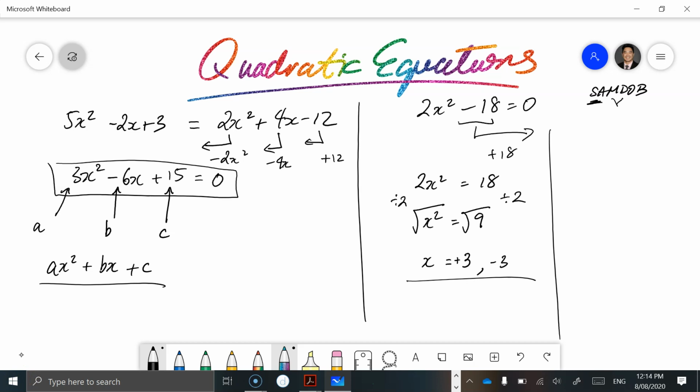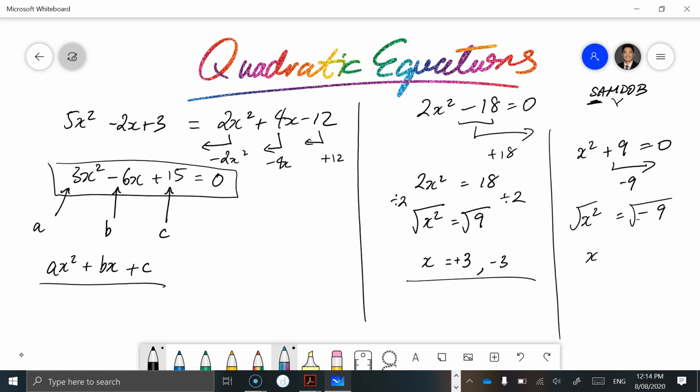What happens if we have, say, something like x squared plus 9 is equal to 0? It looks a lot easier than the others, so we would want to move the 9 to the right by subtracting. So we end up getting x squared equals negative 9. Obviously, what you want to do is to square root both sides.